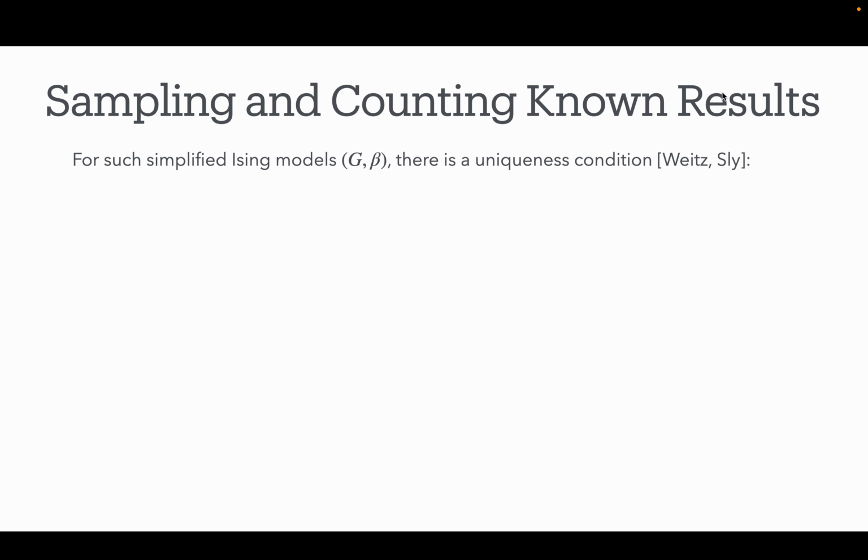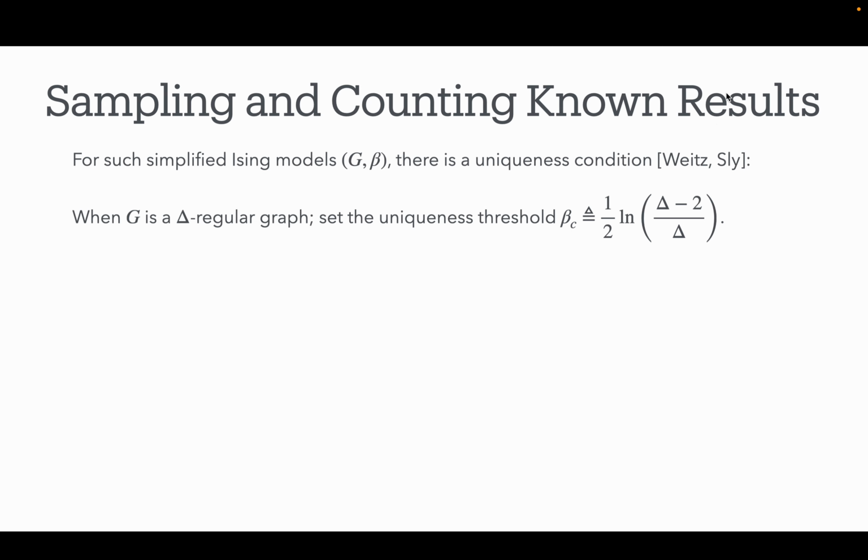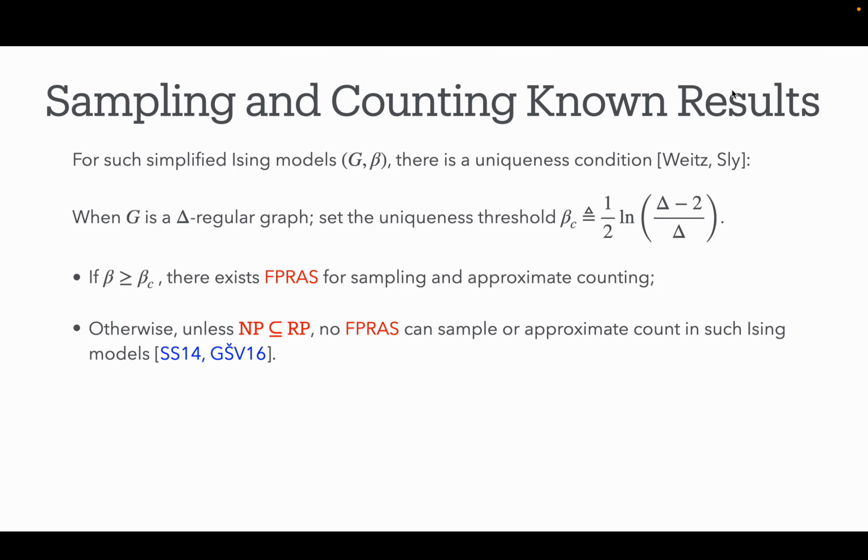The uniqueness condition is that when G is a delta-regular graph, we can set the uniqueness threshold beta_c equal to (delta minus 2) divided by delta. If beta is greater than or equal to beta_c, there exists an FPTAS for sampling and approximate counting.